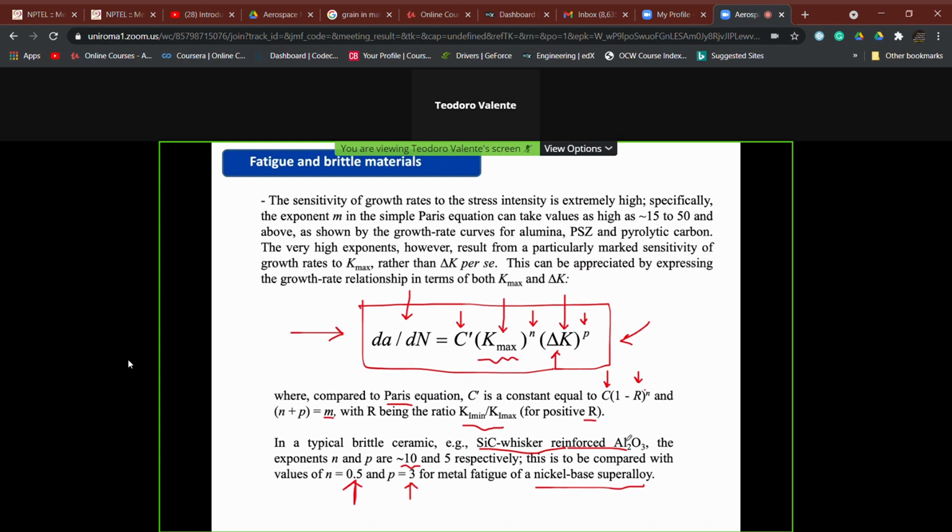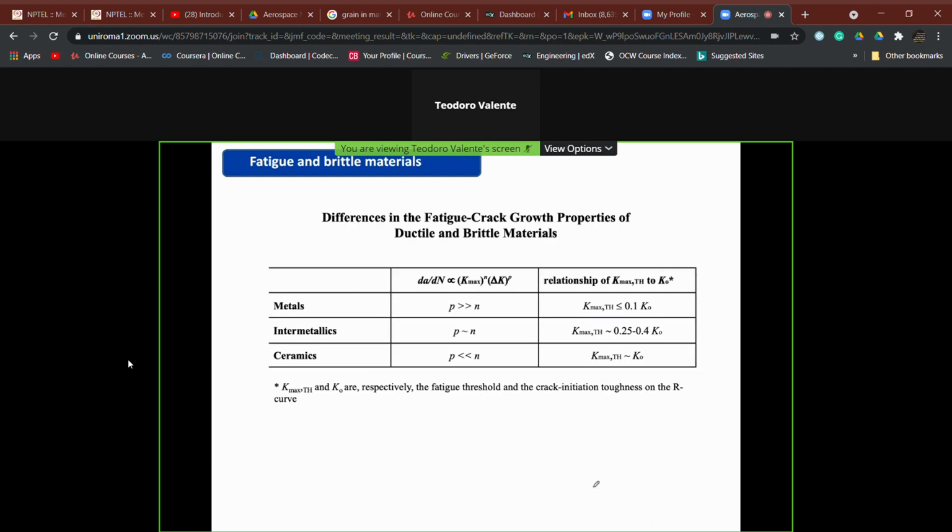In the case of ceramic reinforced ceramic matrix, because this is a ceramic matrix composite, we can expect values of the exponent M around 15, which is 5 times higher than that of nickel-based superalloys. So crack propagation gives us a lower number of cycles to failure with the same applied stress, but not zero.